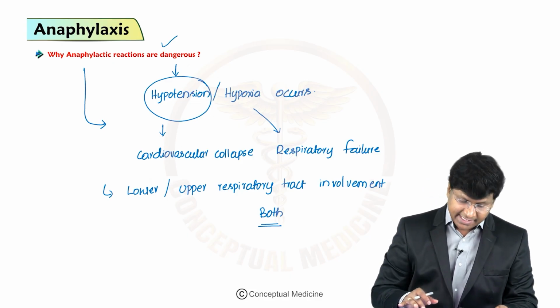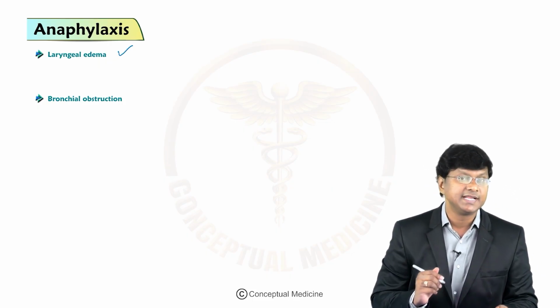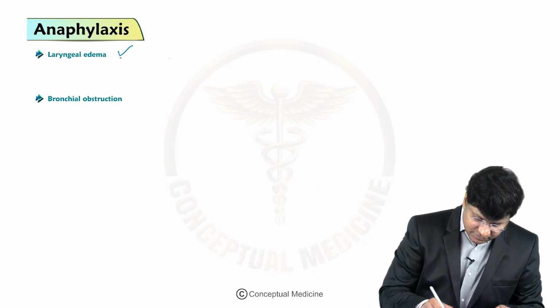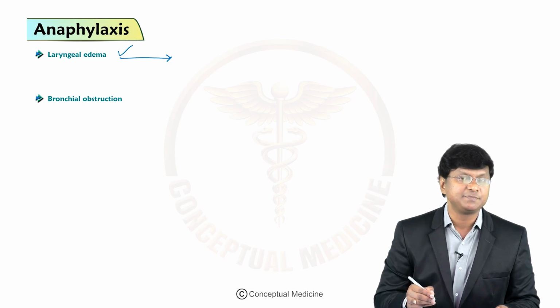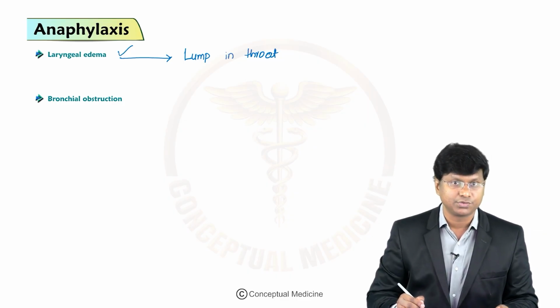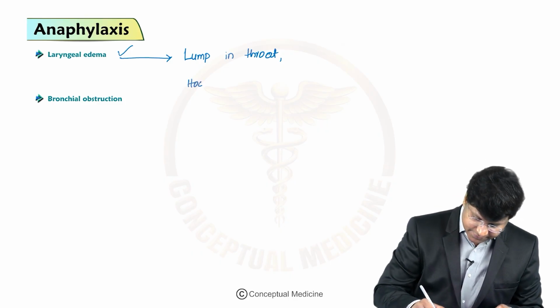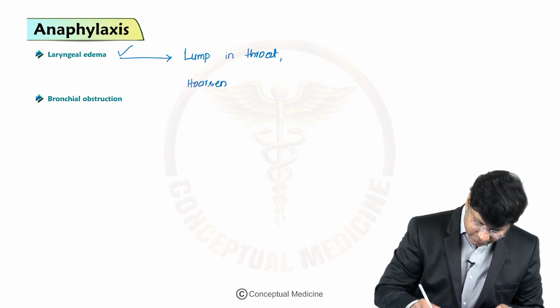And not only that, another reason anaphylactic reactions are very dangerous is laryngeal edema. This laryngeal edema may be experienced as a lump in the throat, or manifested as hoarseness or stridor.